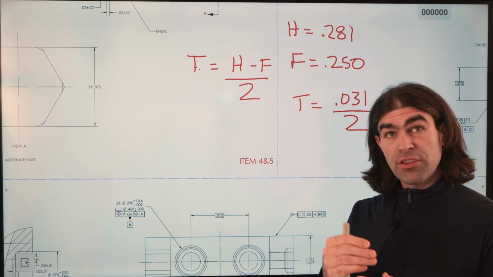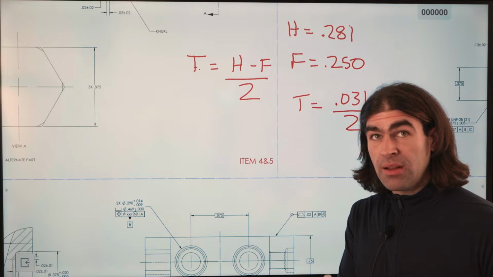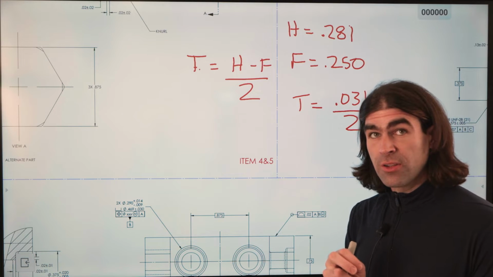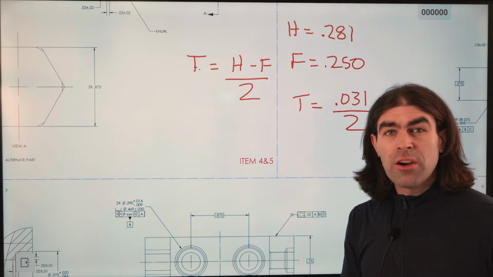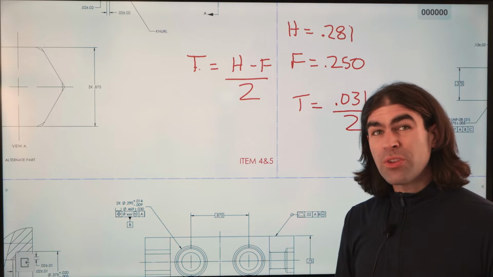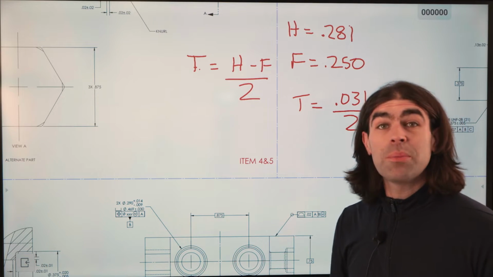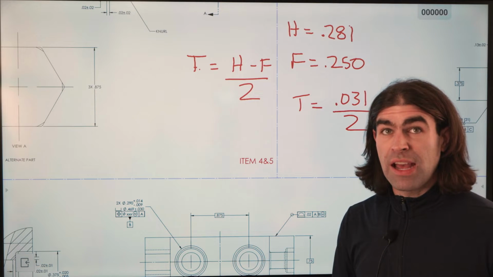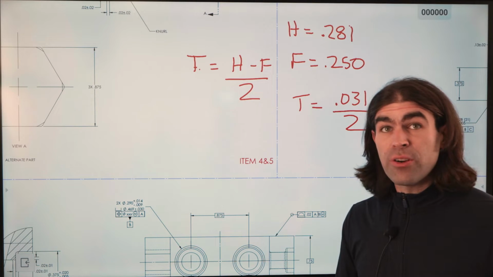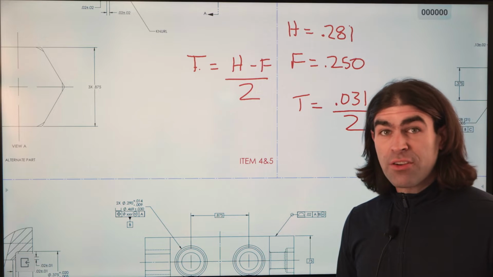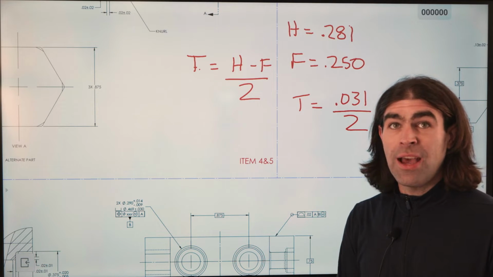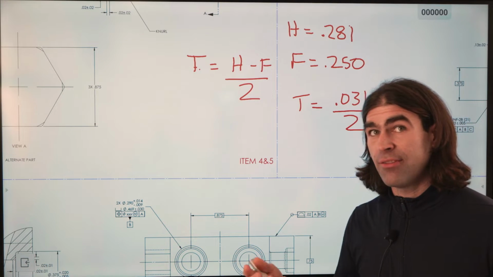Now, we're going to have to split the tolerance between the threaded hole and the clearance hole. What you normally do here is about a 60-40 split. You usually want to give more tolerance to the threaded hole because it's the more difficult one for manufacturing to get correct. The clearance hole is easier for manufacturing to produce, so you'll give that one less tolerance if you have the option.